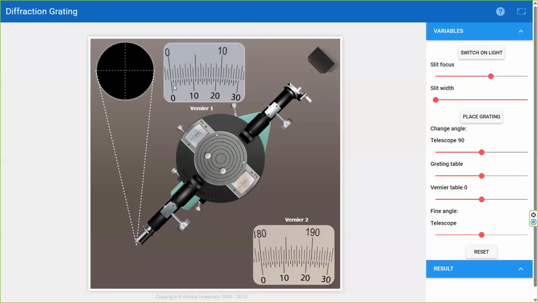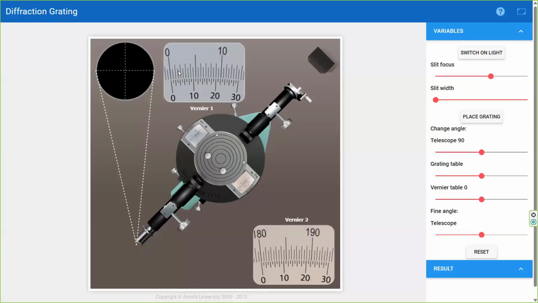Therefore, the value of one part becomes equal to half degree. And if you convert that into minutes, that comes out to be 30 minutes. 2 divisions means 1 degree. 3 divisions means 1 degree, 30 minutes. This short division is read as 30 minutes.